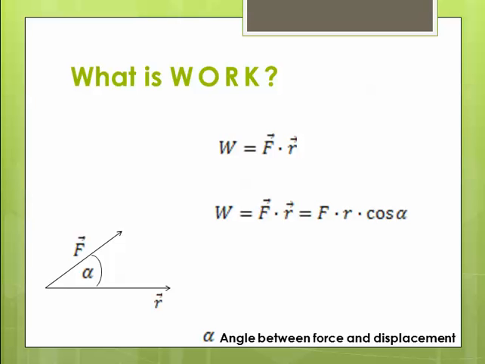F times cos alpha we find by taking the projection of the F vector onto the displacement vector, as given in the picture now. So the slightly fatter line, as we see it here in the picture, is F times cosine of alpha. F times cosine of alpha is the projection of the force vector onto the displacement vector. So work is given by F times R times cosine of alpha.